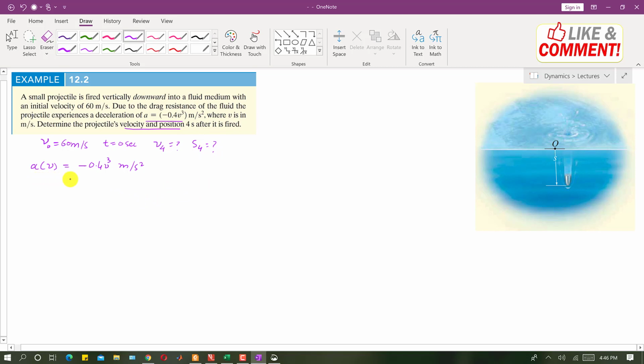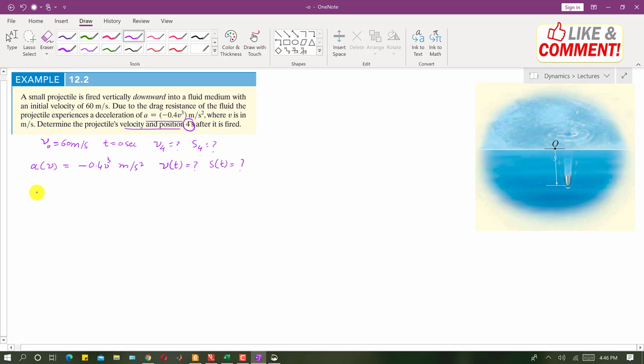So, we need to have the velocity as a function of time since we are given time, and we need to have the s of t function, the position as a function of time, right.